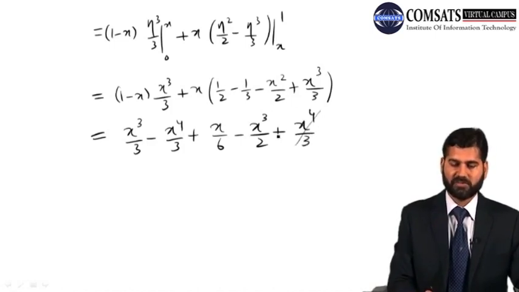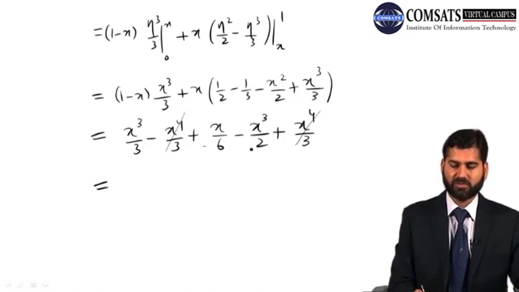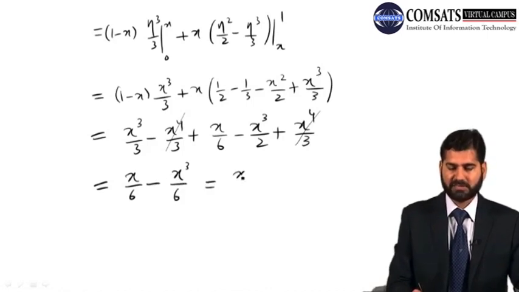The x⁴ by 3 terms cancel, leaving x cubed by 3 minus x cubed by 2, which is minus x cubed by 6. Taking x by 6 common, it is 1 minus x squared. So this is the particular solution.